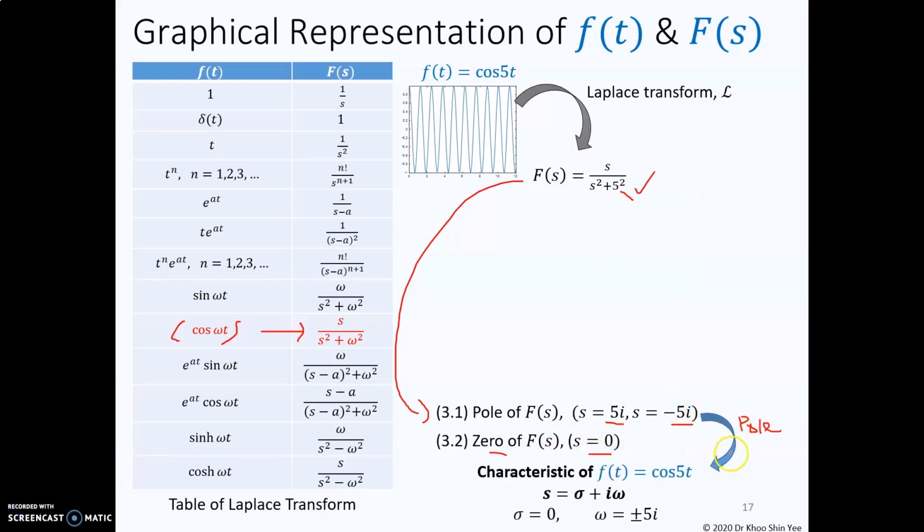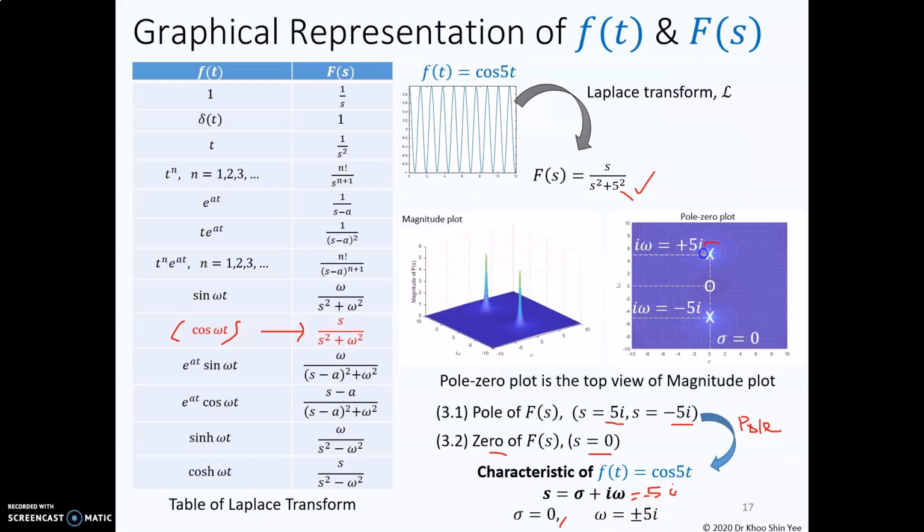From the pole, you can find the characteristic for f(t), where you compare x equal to sigma plus i omega with 5i. Then you will find that your sigma, the real part, is 0, and your omega equals 5. The other pole is negative, so you get another omega of negative 5.